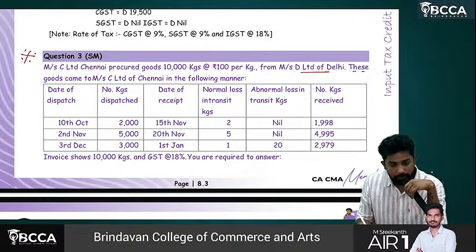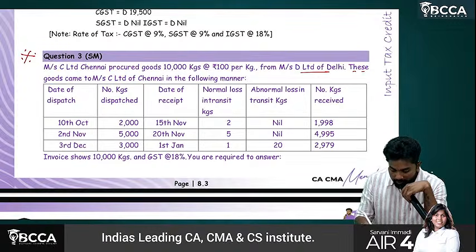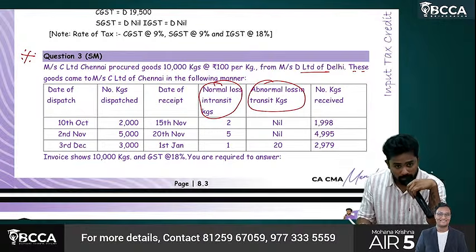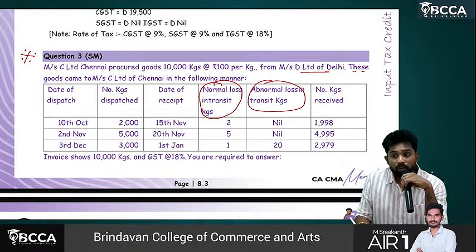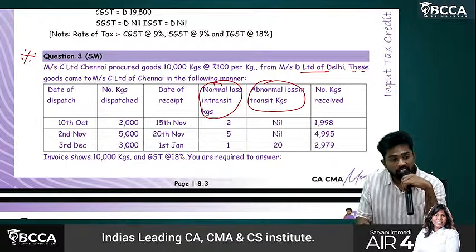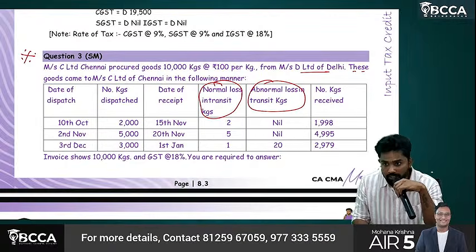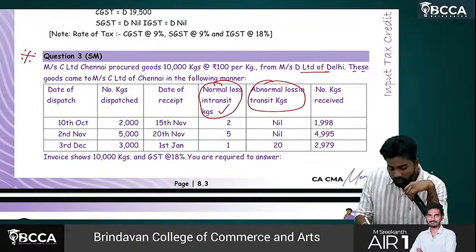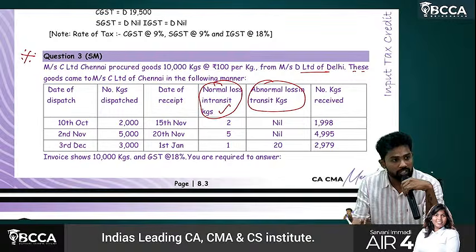Sir, the important point here is that in this question they talk about normal loss and abnormal loss also. In blocked credit, what we have discussed, when the goods are destroyed, lost or stolen, we cannot avail ITC. There is normal loss, where goods are destroyed or lost.